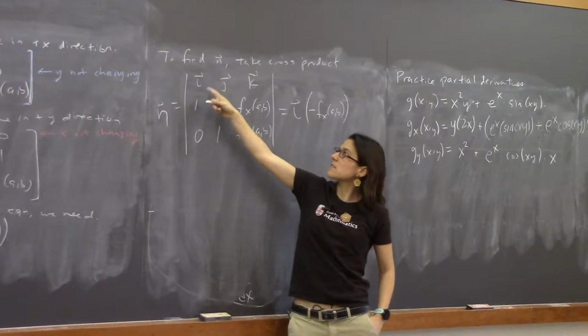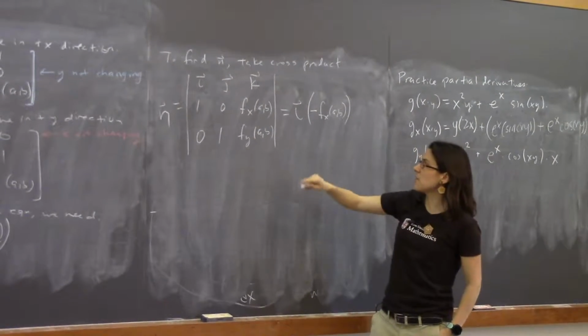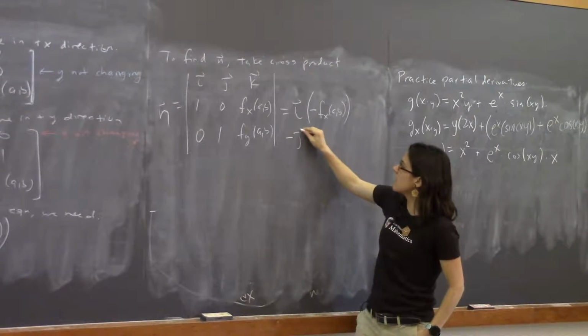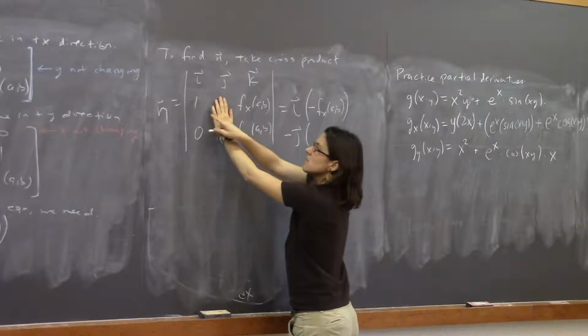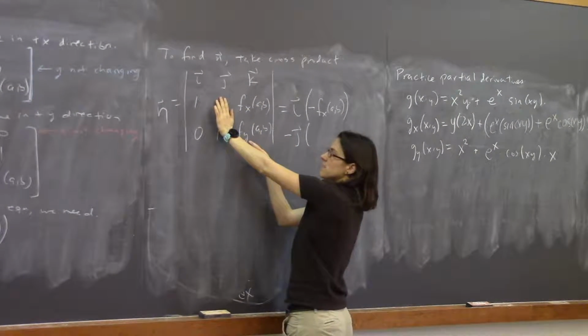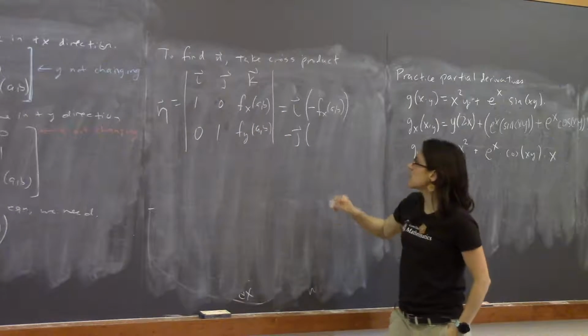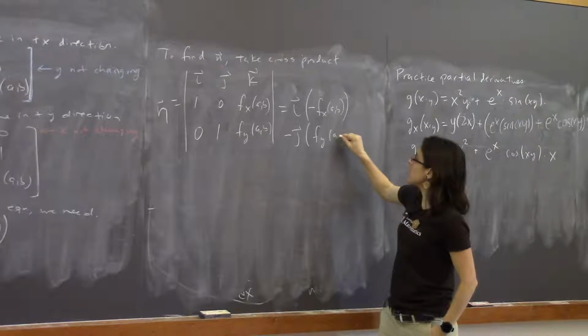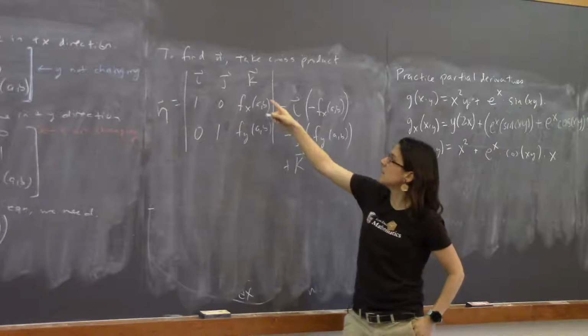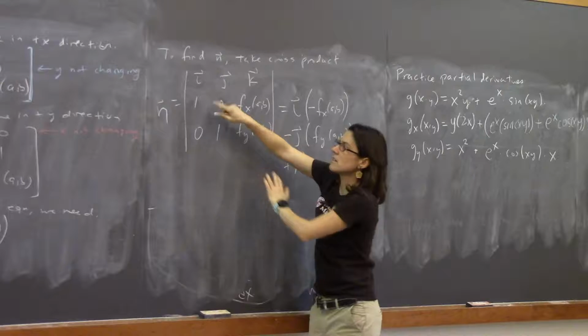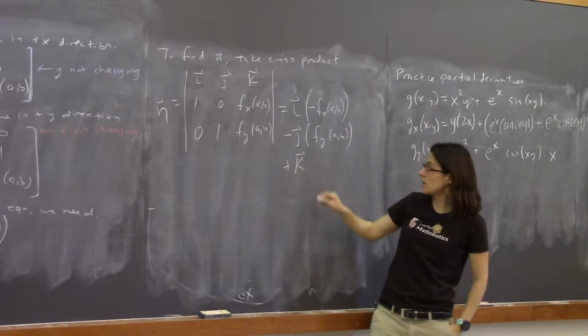And then it's plus minus plus if you're doing cofactor expansion, so minus j times the determinant of this matrix, so 1 times partial derivative with respect to y minus 0, so partial with respect to y evaluated at AB, plus k times the determinant of this matrix, which is just 1 minus 0. So just 1.